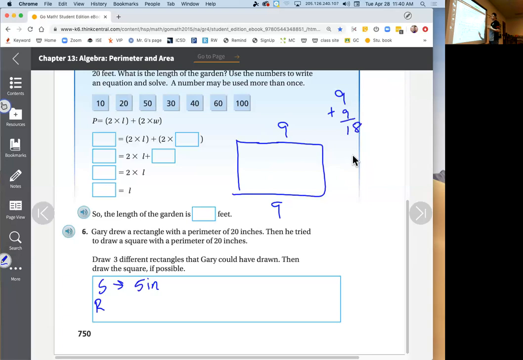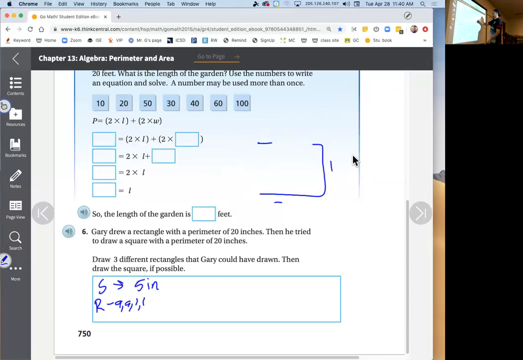How many more do I need to get to 20? I need 2 more. Can I divide that into 2 parts? I can. So I could have a side with 9, 9, 1, and 1. Those would be my sides. That's one way.